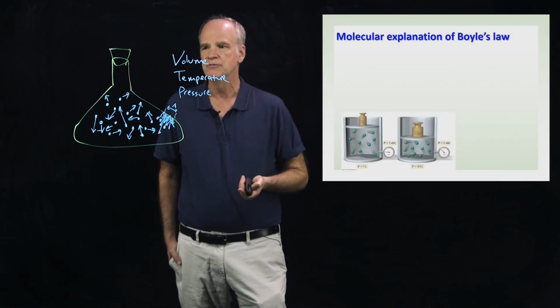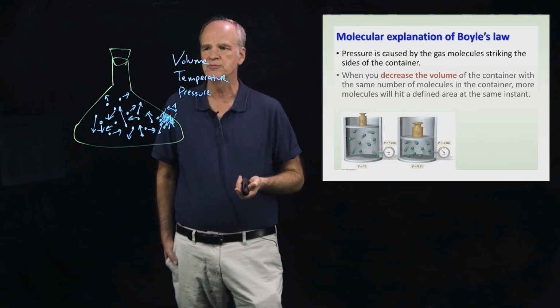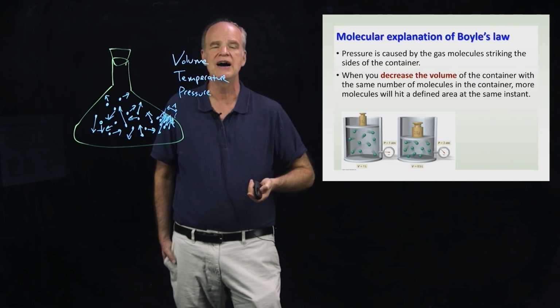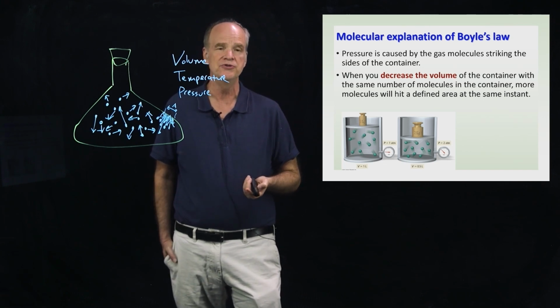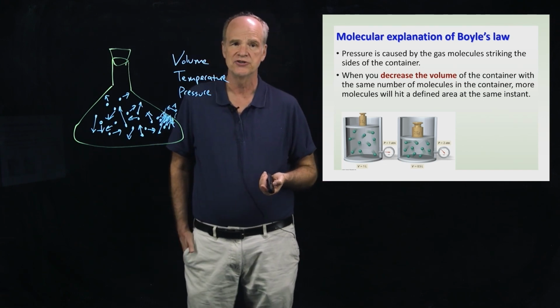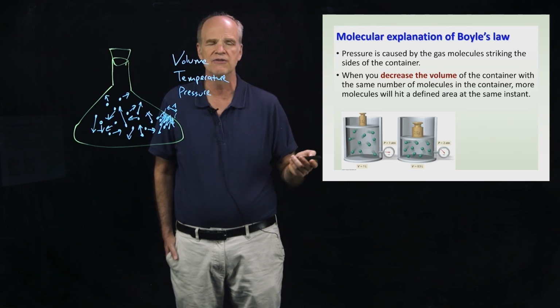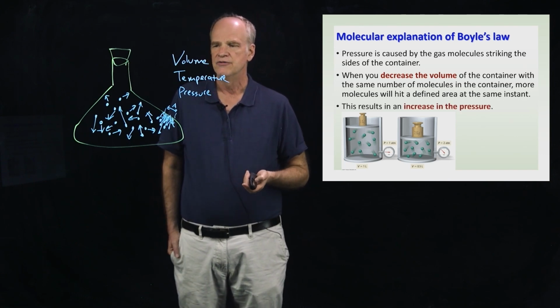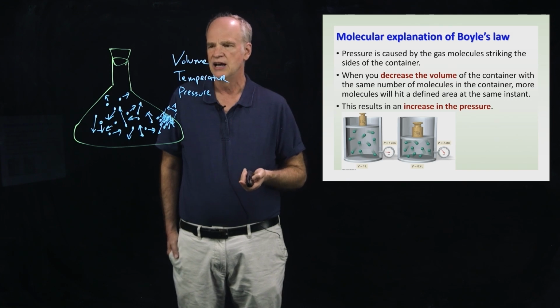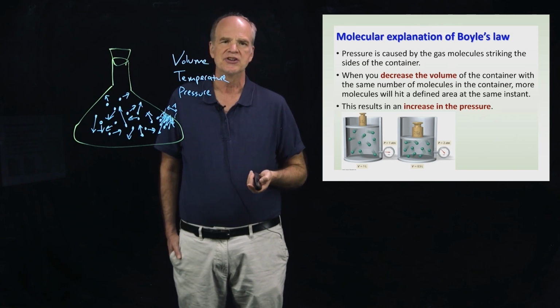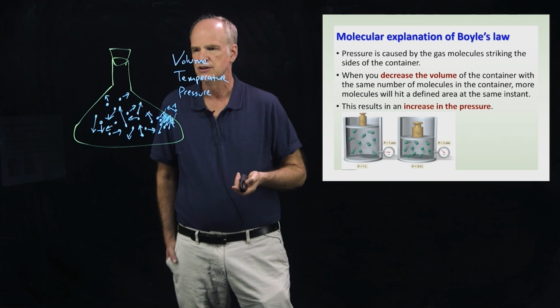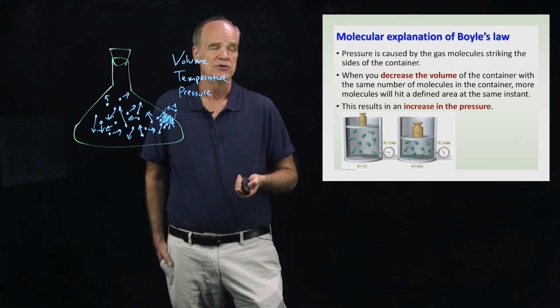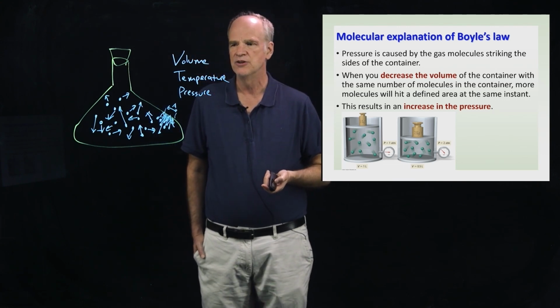Here is an explanation as to why, when you reduce the volume of a gas, the pressure goes up. This may already be common sense. Here on the lower left of the diagram, I have a gas contained in a volume of 1 liter, and the pressure of that gas is measured to be 1 atmosphere.